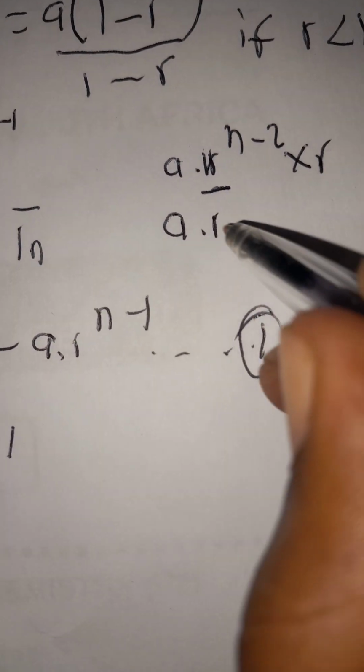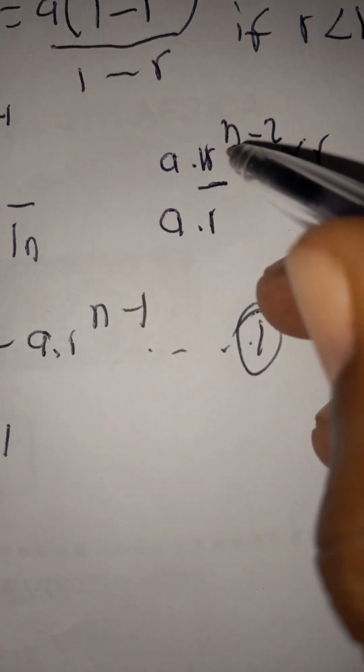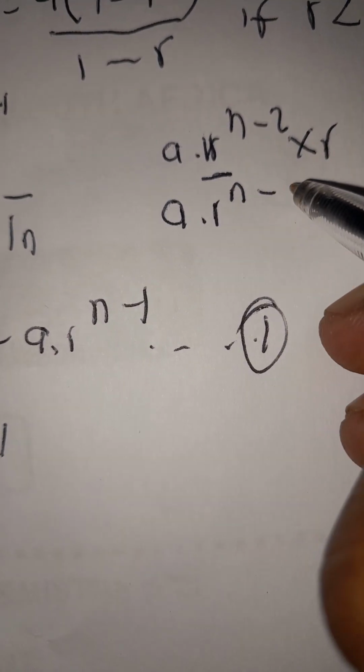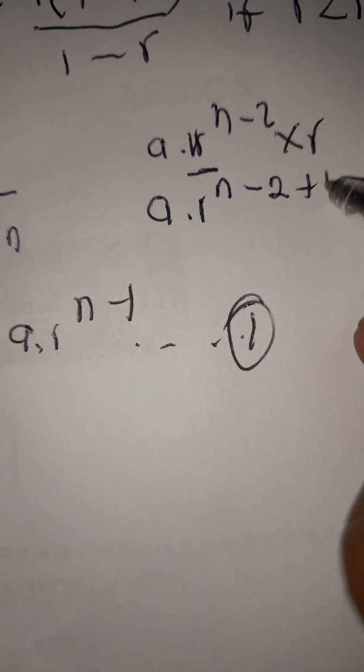Remember, when the bases are the same, you add the exponents. Why are we having this here? If we have ar^(n-2) there and we multiply by r, the bases here are the same, so we add the exponents: n minus 2 plus 1.